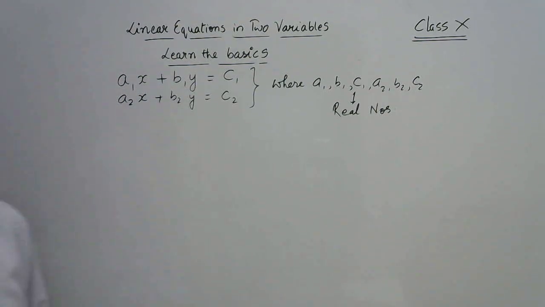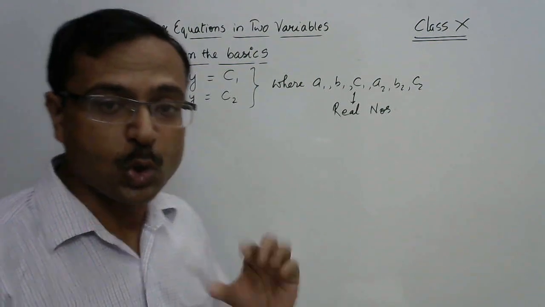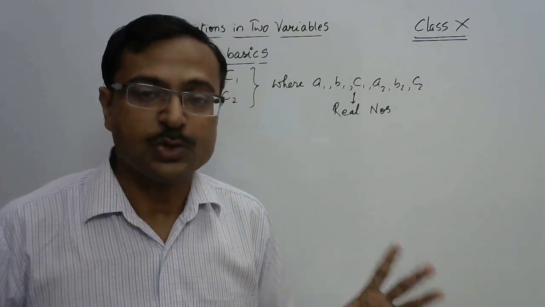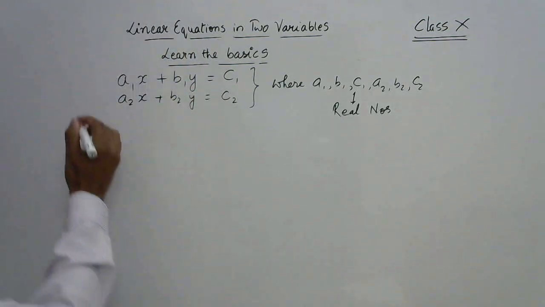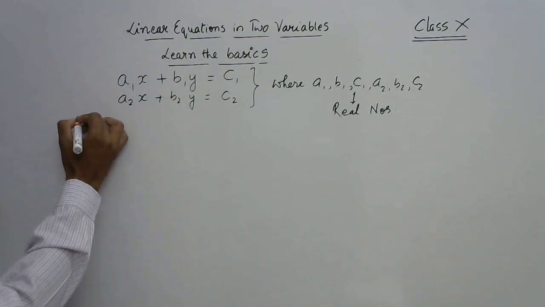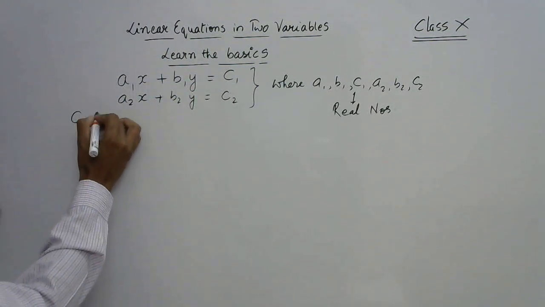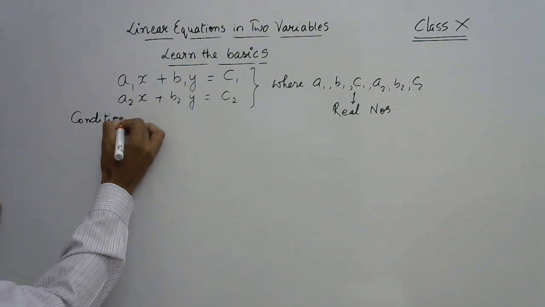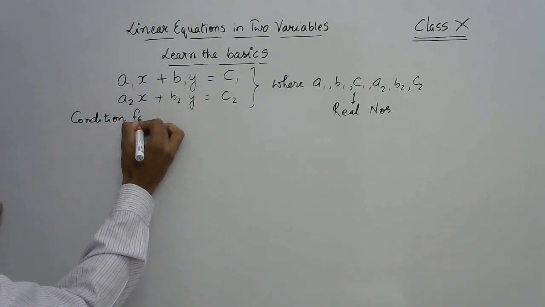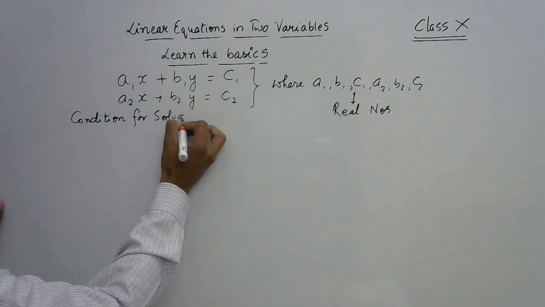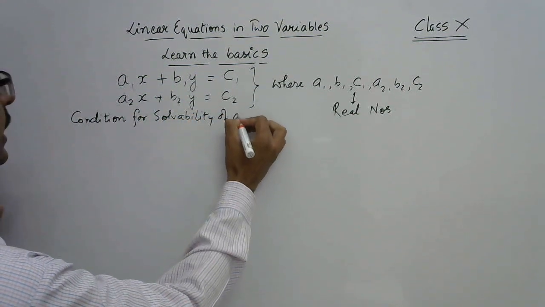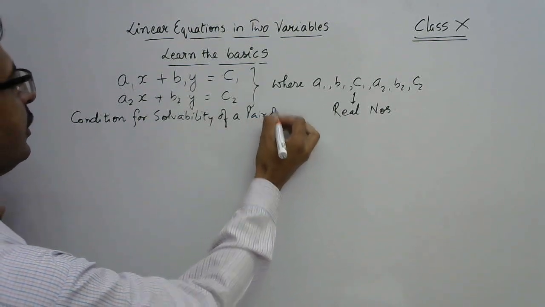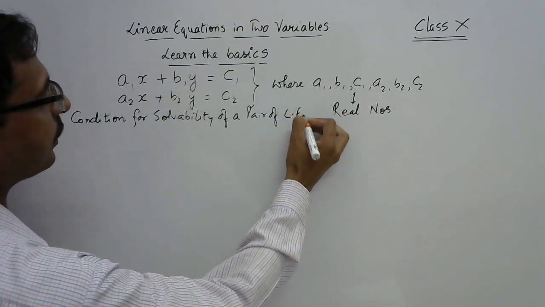Now we have a number of methods to solve these linear equations. So first of all, we will study the criteria for solvability, the conditions for solvability of a pair of linear equations.